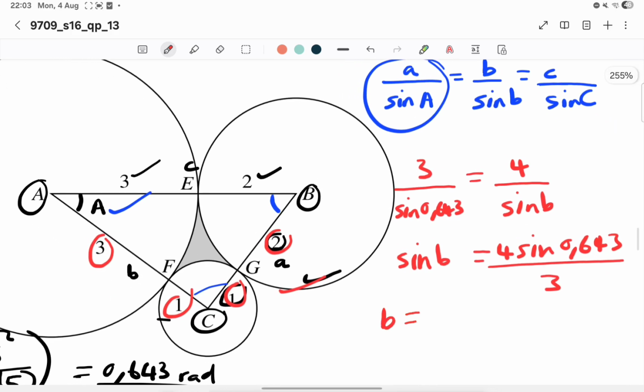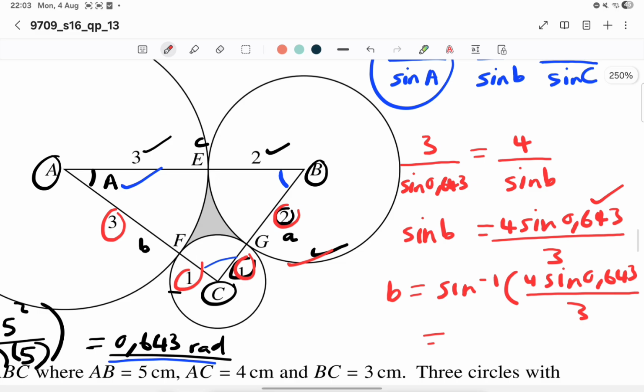So B will be the sine inverse of this, which gives B to be 0.927 radians.